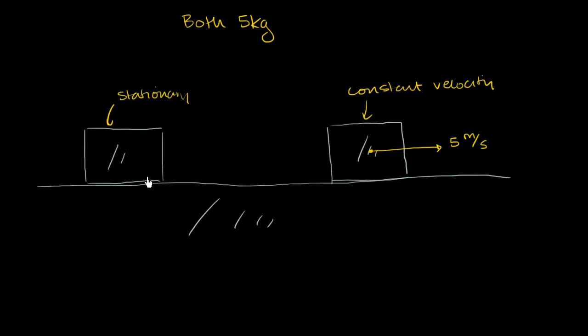But if you think about it, if we're assuming that these things are on Earth, there is a net force acting on both of them. Both of them are at the surface of the Earth, and they both have mass. So there will be the force of gravity acting downwards on both of these blocks of ice.